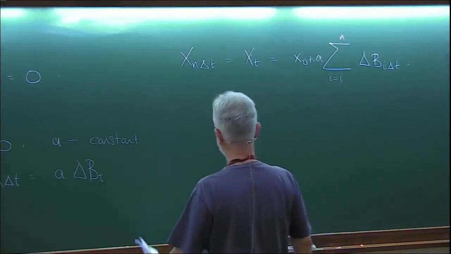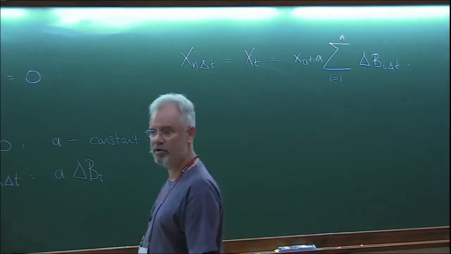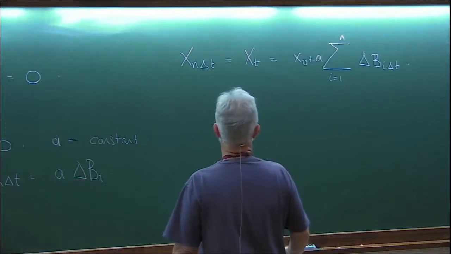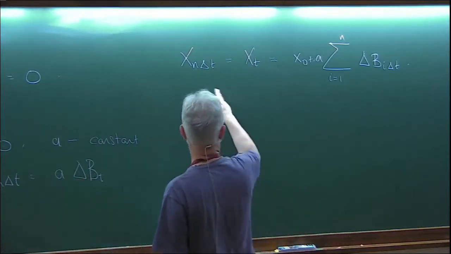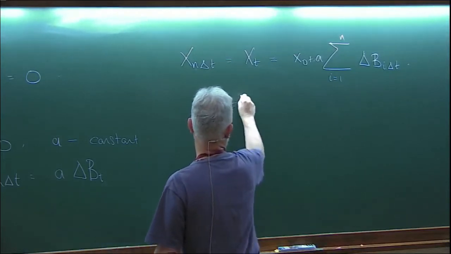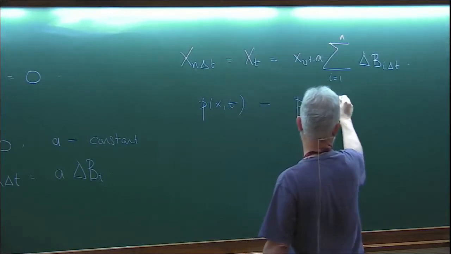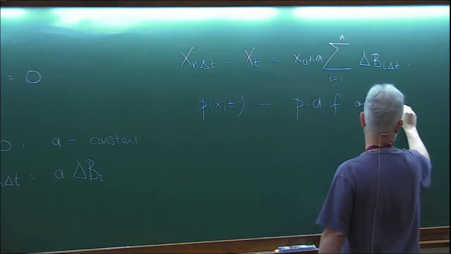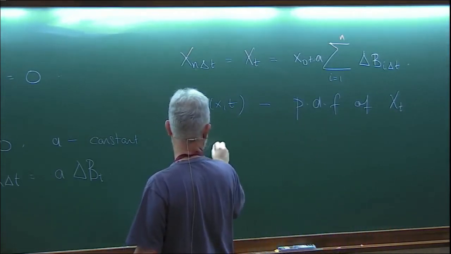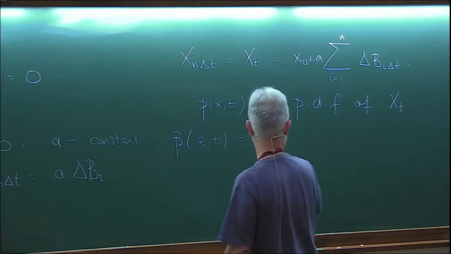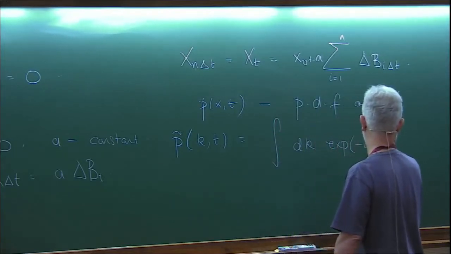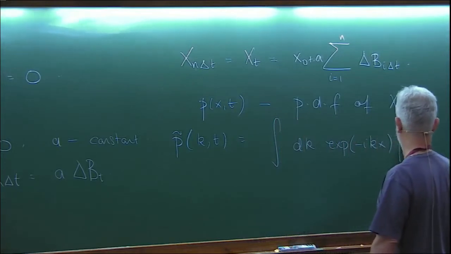So the interesting thing is, now I want to know what's the probability distribution for the process x of t. So what does it look like? The easiest way to work out the probability distribution is, instead of looking at it directly, I look at its Fourier transform. Say p of x, t is the probability distribution function of x of t. If I define its Fourier transform, p tilde k of t, that's equal to the integral dx of exponential minus ikx times p of x.